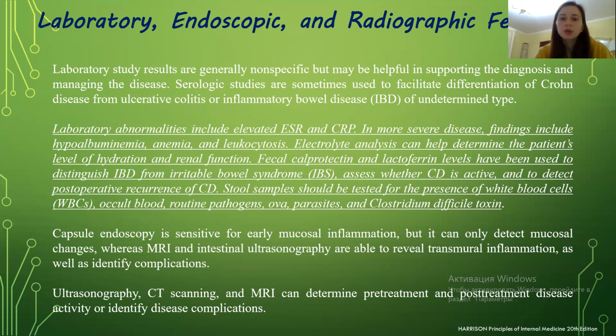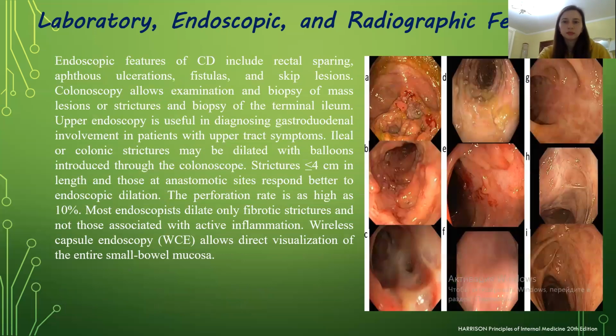Ultrasonography, computed tomography scanning, and MRI can determine pre-treatment and post-treatment disease activity or identify disease complications. Endoscopic features of Crohn disease include rectal sparing, aphthous ulceration, fistulas, and skip lesions.